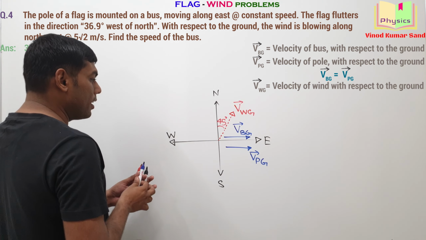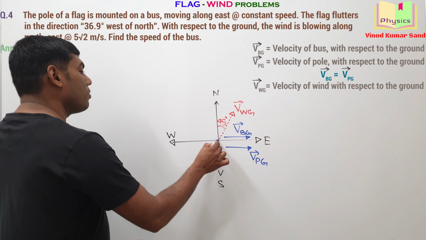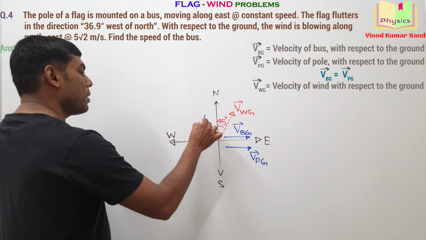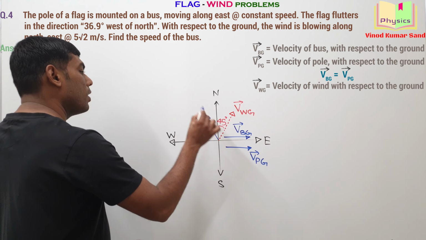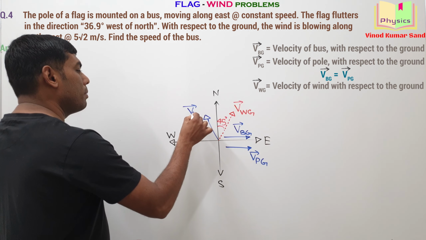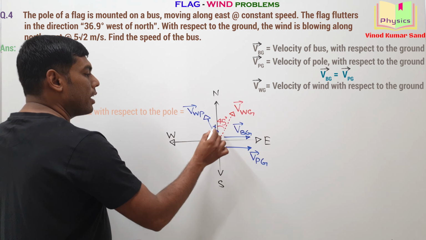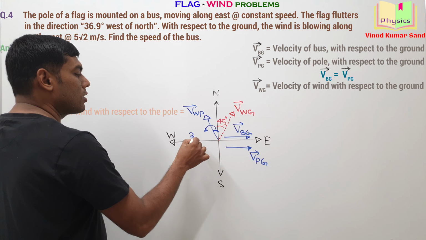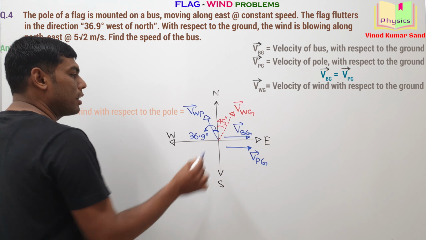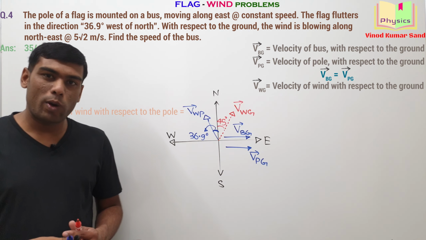So showing that here, velocity of the wind with respect to the pole, VWP, and this angle is given as 36.9 degree.